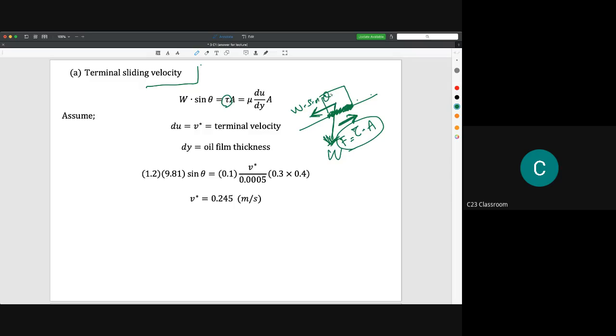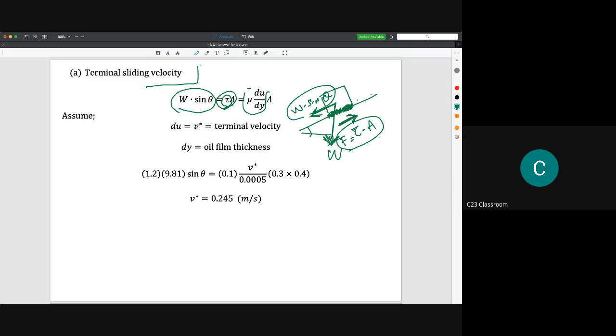I hope you could get this one, because we have an angle here. So we equalize this one. We have W sine theta is equal to tau A, and we substitute the value of tau with mu du dy.